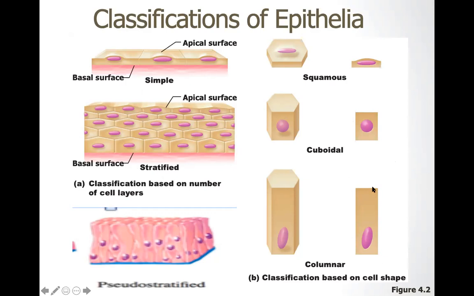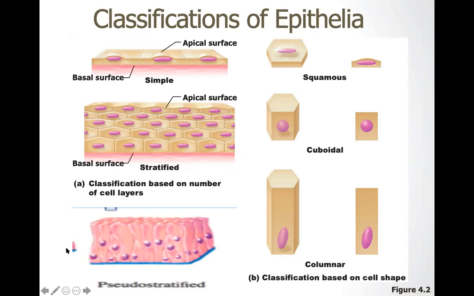And then columnar cells, which are basically long or elongated cells, and that's the name columnar. So if you're looking at this picture, here is how you come up with the name again. Simple squamous, simple cuboidal, simple columnar. And then we have what? Stratified squamous, stratified cuboidal, and stratified columnar. So those are your 6 common categories of epithelial tissue.